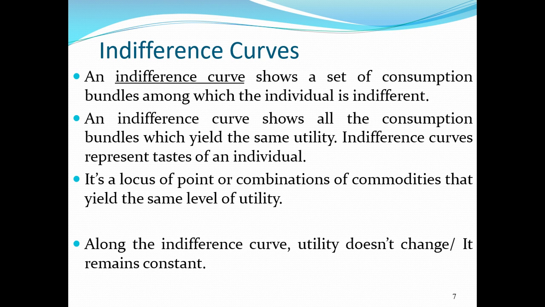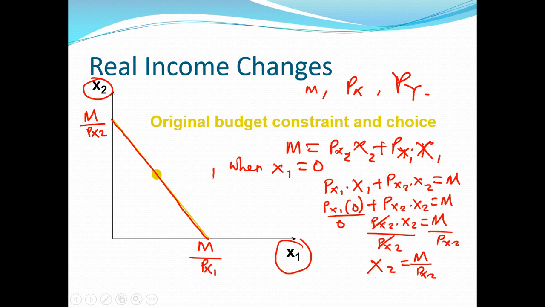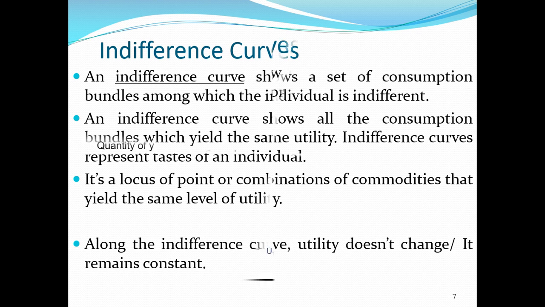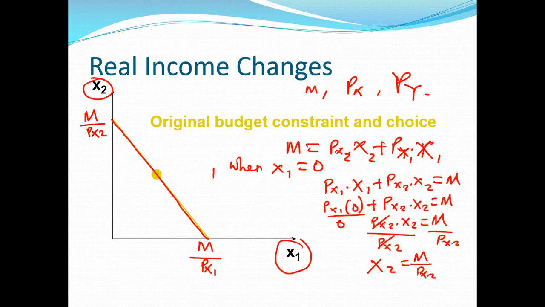Then there is this assumption that for consumers to maximize their utility, they should have a combination of different bundles, of course, that gives this guy the same level of utility.